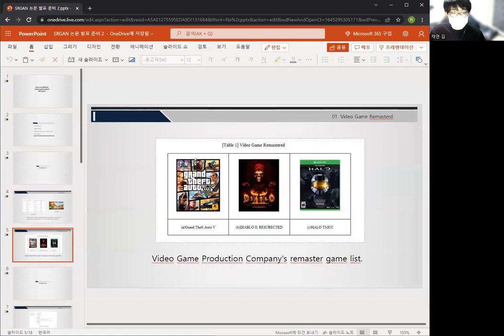And like the games in Table 1, game companies are working on raising classical game graphics to high resolution according to the demand. Table 1 is a video game production companies' remaster game list.